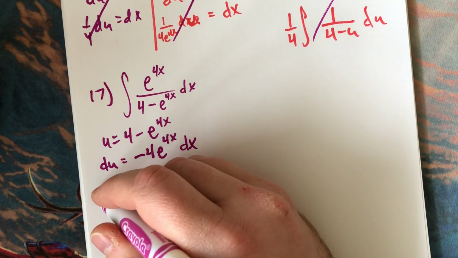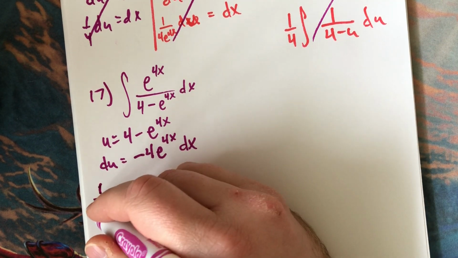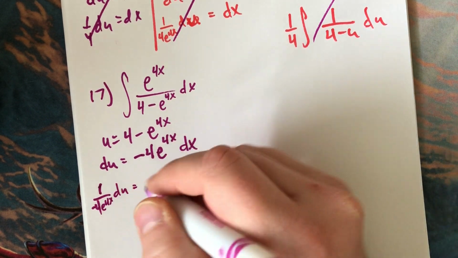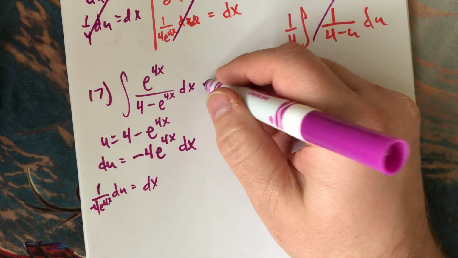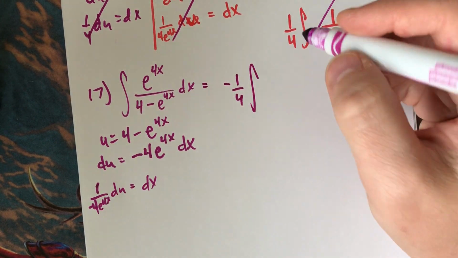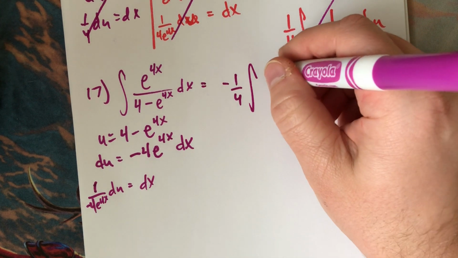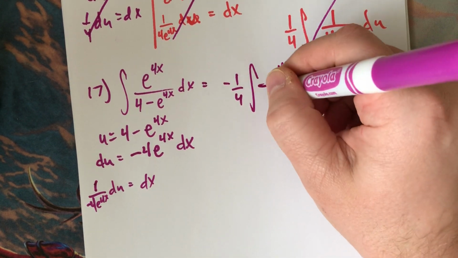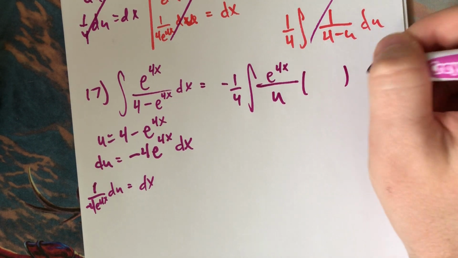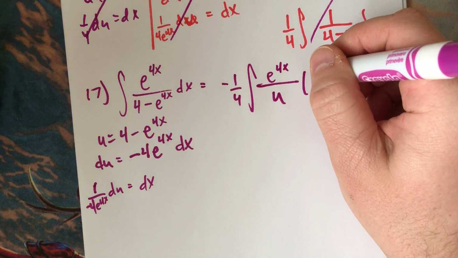So now we divide. And we substitute. So there's a negative 1/4 out front. We got our e to the 4x is still there. Denominator is just u now.